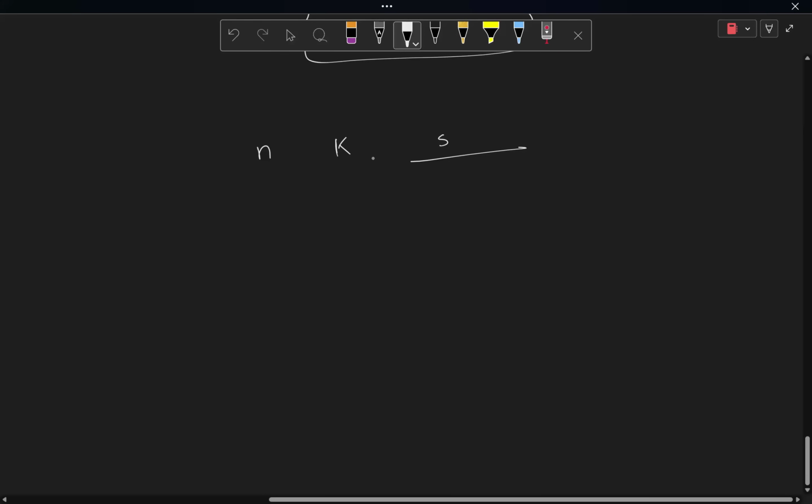So we have been given n, k, and a string, and we have to check if the string s contains all of the strings that can be generated of length n with the first k English lowercase alphabets. Whether all of those strings are coming up as a subsequence in the string s or not.